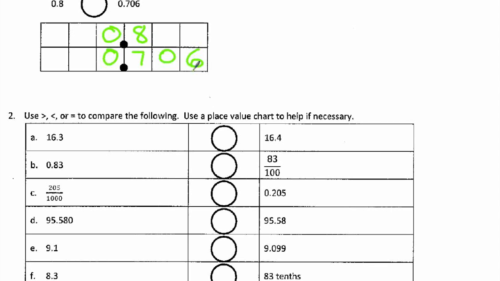Okay, so when I get to the tenths place, the two numbers change, right? They're different, and 8 is greater than 7, so which number will my mouth be eating? Everybody. 8 tenths. It says to explain why off to the side.